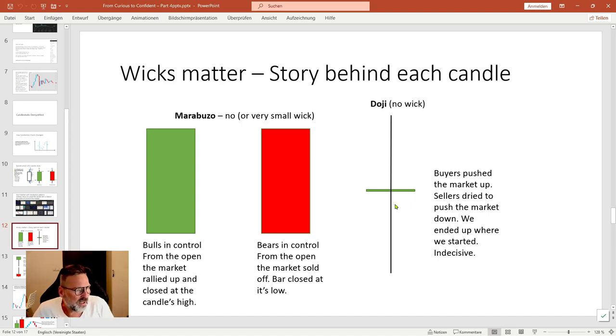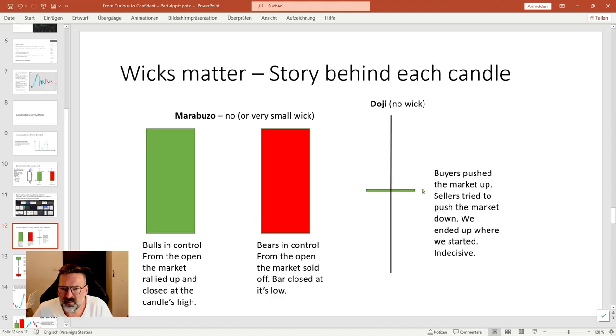So if you encounter a doji, what does that mean? That means that we started here and buyers pushed the market all the way up, and sellers pushed the market all the way down, and they ended up where they started.